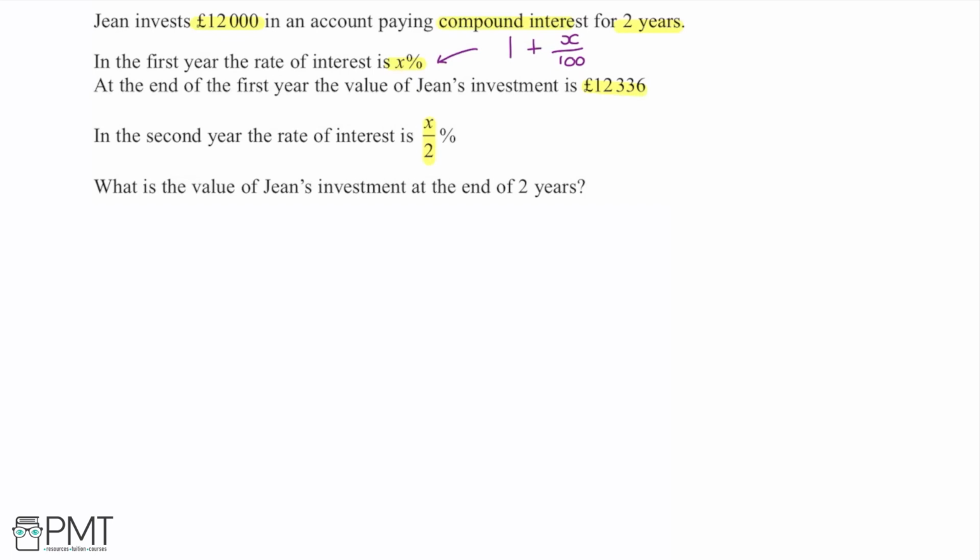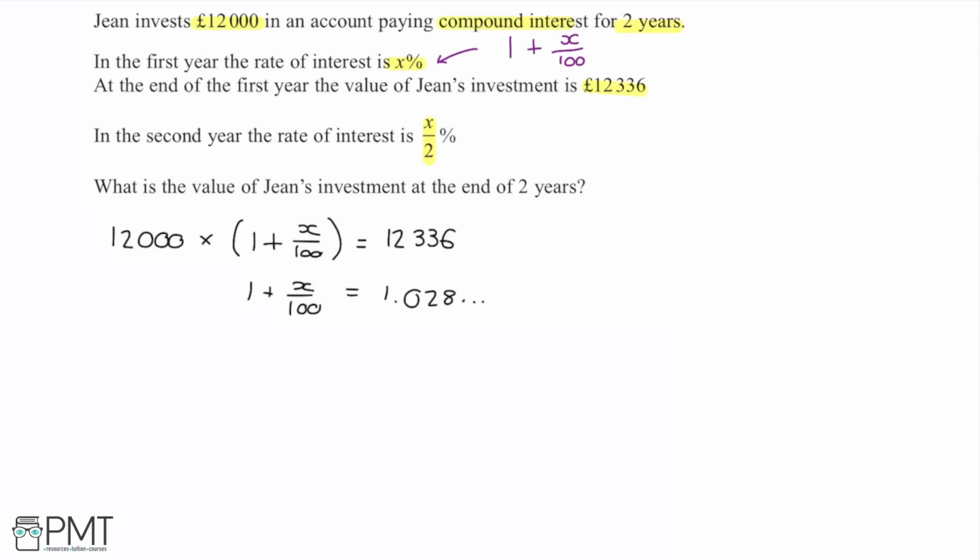So I can use this to set up an equation. We have this original 12,000 and we need to multiply this by something, which in this case is the multiplier, 1 plus x over 100. And then that gives us this second value here of 12,336. Now I can just solve this equation to find x, so I can divide both sides by 12,000 to give me 1 plus x over 100 is equal to 12,336 divided by 12,000, and that gives me an answer of 1.028.